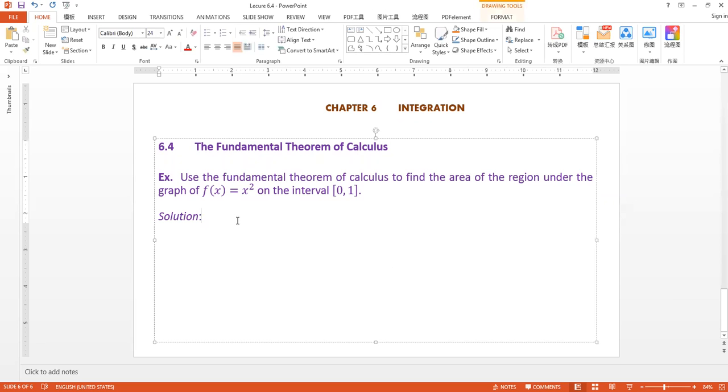So as we already learned in the previous section, the area of the region under the graph of f, the function, is a definite integral of f.